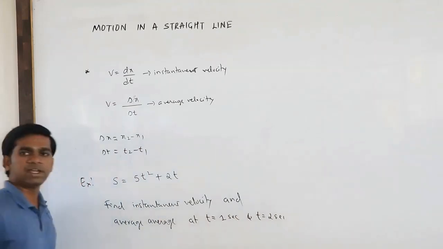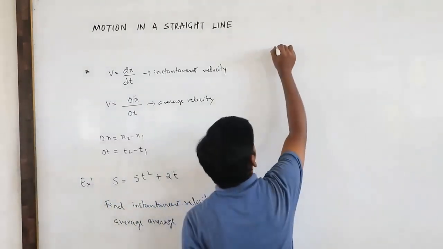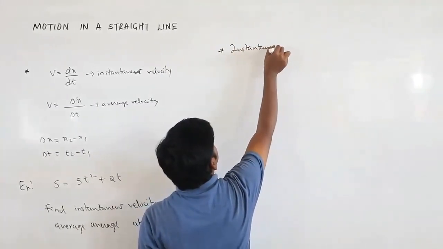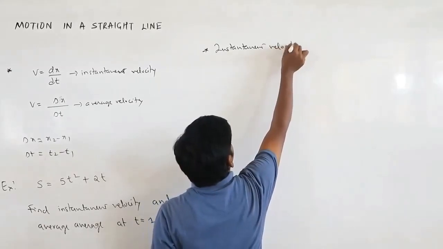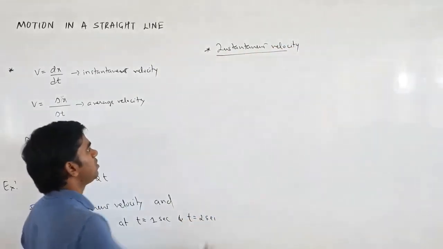Both they are asking. So first we will go with instantaneous velocity. To find instantaneous velocity, what do we have to do?